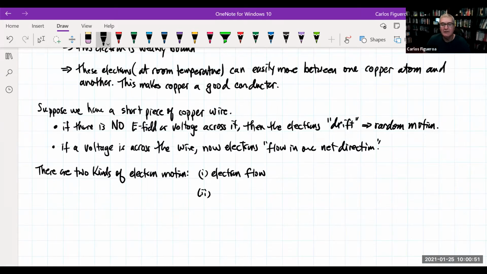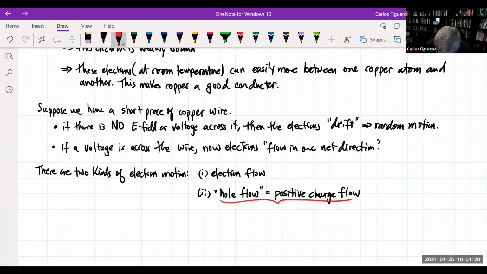It's actually not the flow of positive charge. It's called hole flow. But people will say it's really hole flow, and hole flow is the same as positive charge flow.